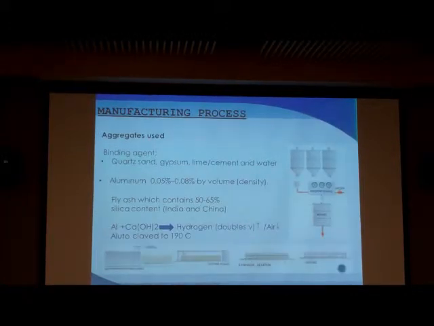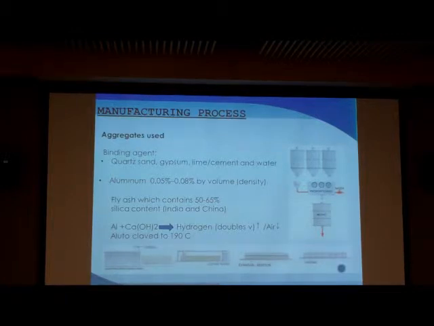Okay, going to the manufacturing process. This has raw materials like quartz sand, limestone, gypsum, cement and water, which were sent in proper proportions, and mixing was done with the addition of aluminium, which decides the density of the AAC block. In countries like India and China, they started using 50 to 65% fly ash instead of cement.